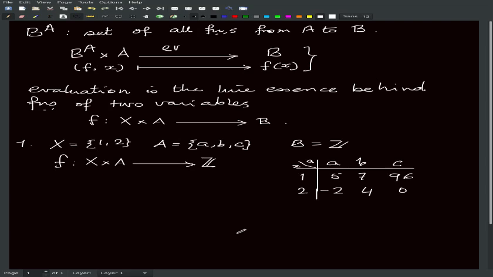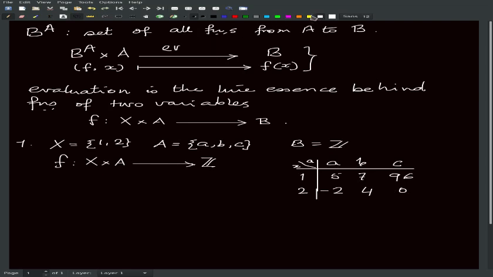Where the row headings, these are your row headings, are the elements from the first component. The column headings are the elements from the second component, and the table values are the values that the function gives to each pair. Okay, so that's how we have a record, a data table or a function.